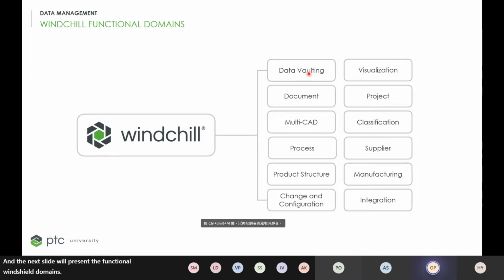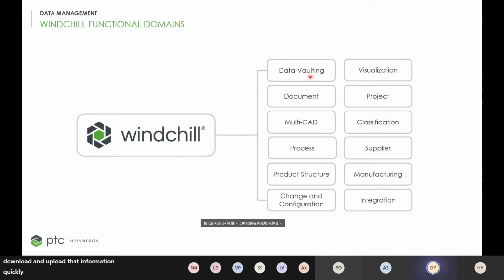Data vaulting. I told you that we store data in a specific database, but the database also has a speed limit. And sometimes you will have to store very big files. You will ask me how to store in the database an entire assembly with thousands of parts and still be able to download and upload that information quickly.